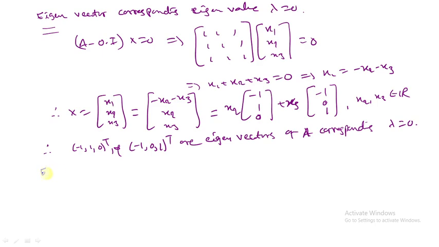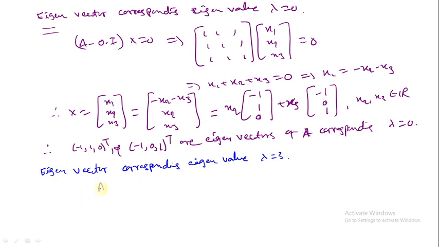Now the eigenvector corresponding to the second eigenvalue, lambda equal to 3. Now how to write this one? A minus 3 times I, times x, equal to 0.